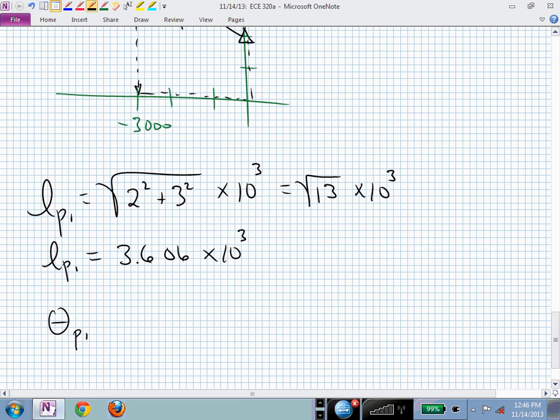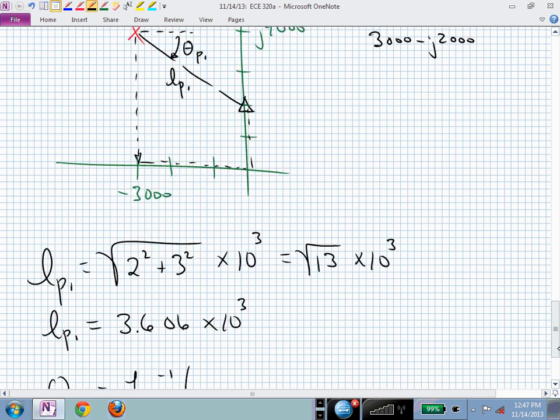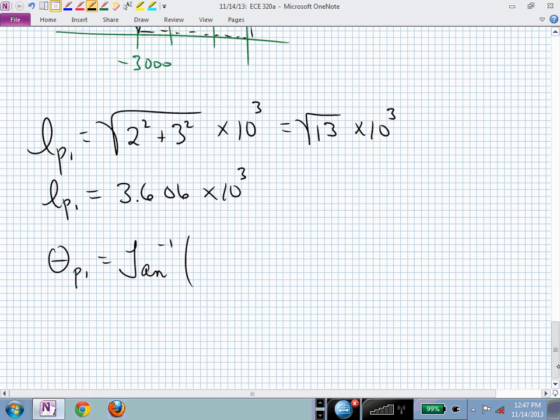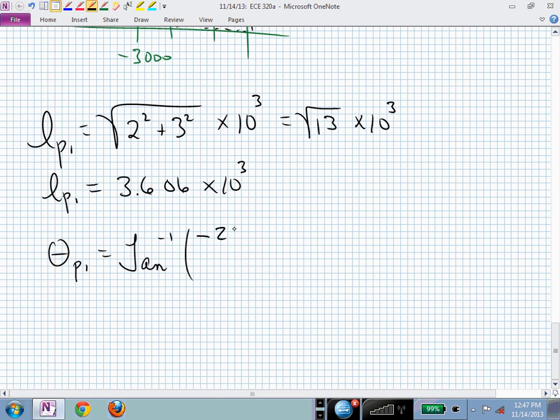Questions on 3.606, or 3,600? That's the contribution of that upper pole to that frequency of 2,000. Theta P1: now we need to keep track of that direction.